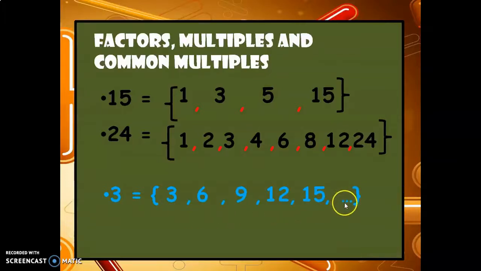This is indefinite, so we don't know where we're going to stop. These numbers are multiples of 3 since, if you divide them by 3, there is no remainder at all. So 3, 6, 9, 12, 15 are the first five multiples of 3.